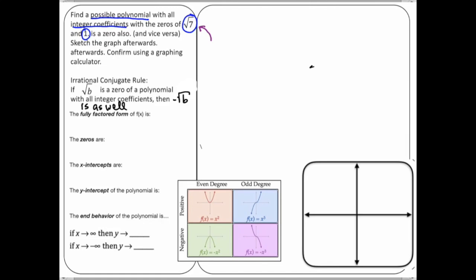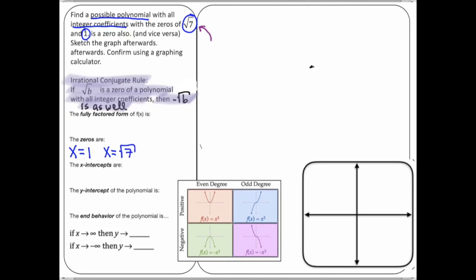And this rule, the one that had a part left out, is going to help us out. The irrational conjugate rule. It says if b is a zero of a polynomial with all integer coefficients, then negative b is as well. So that basically means the following. I'm going to have the zeros, as stated above, are going to be 1 and this guy.